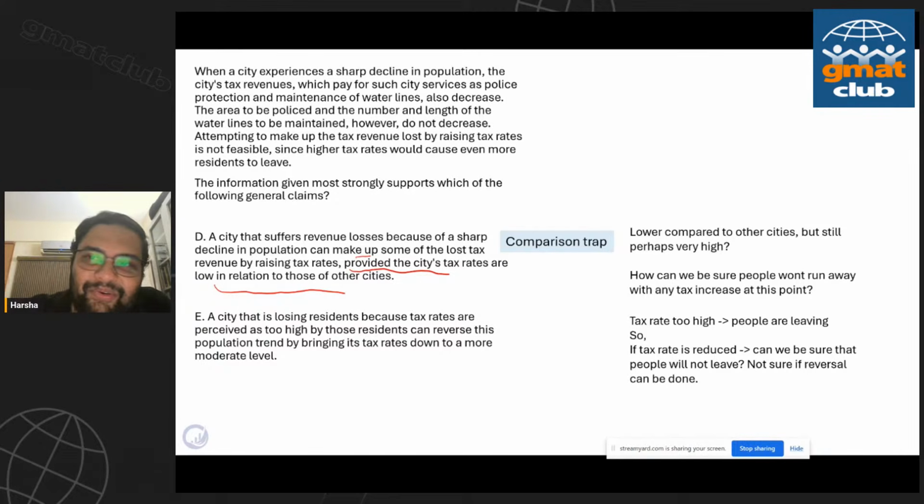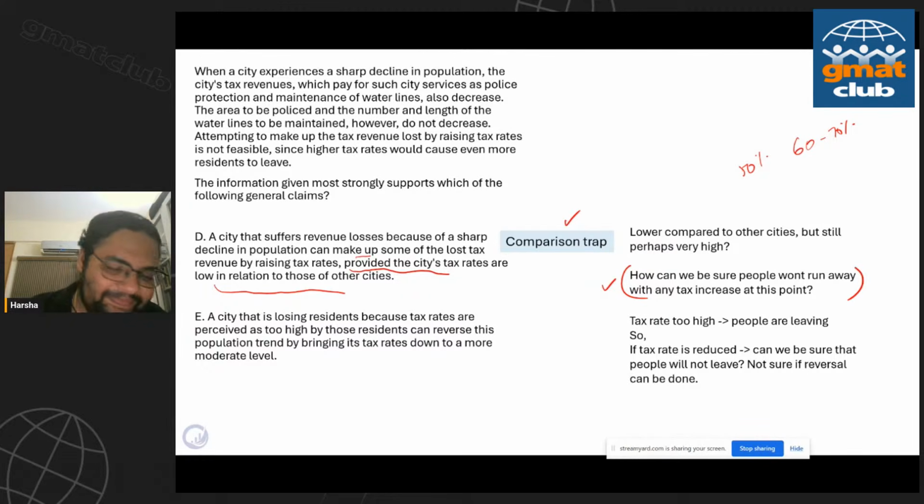For all you know, other cities in those regions have a tax rate of 60% or 70%. Nobody wants that. And our city's tax rate is already at 50%. It is still possible that this is absolutely too high. People are just gonna be happy to jump in any case. So just because it's lower compared to other cities, perhaps it's still very high. How can we be sure that people won't run away? For those of you who chose choice D, I hope you're seeing the logic here.